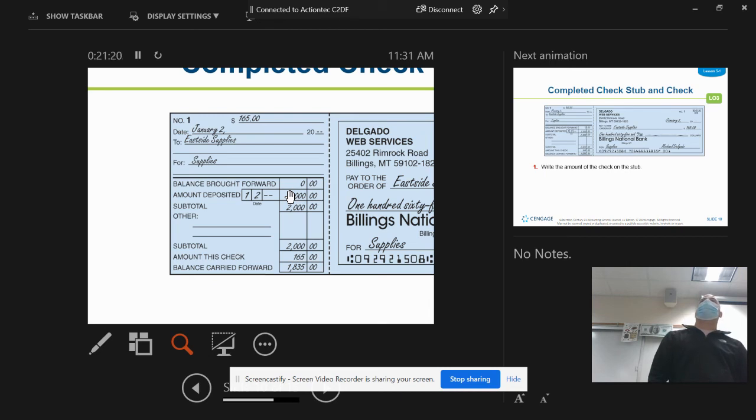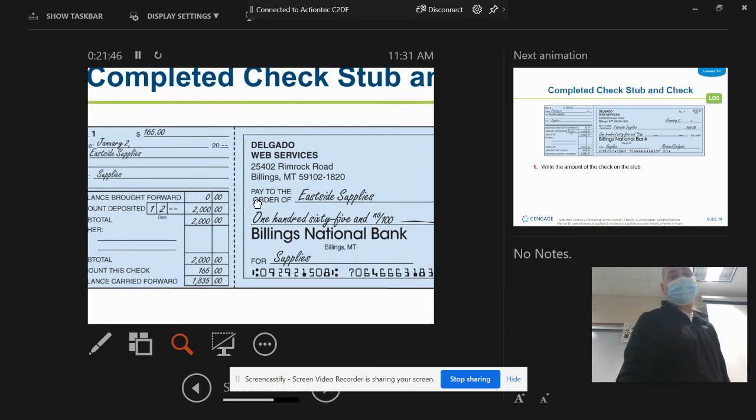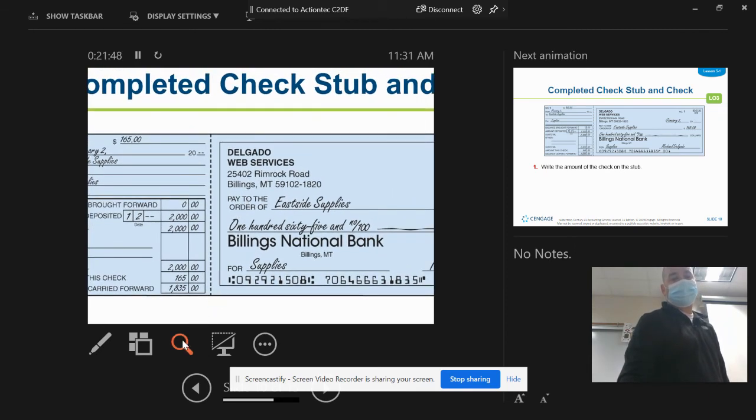But in this case, it's just showing you that the deposit was made of $2,000 on the last slide. Then I would fill out the bottom here, the subtotal, which is $2,000 minus the amount on the check, $165, and that gives me a balance carried forward to the next check of $1,835, no cents.